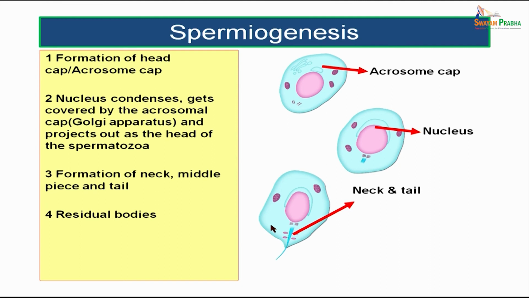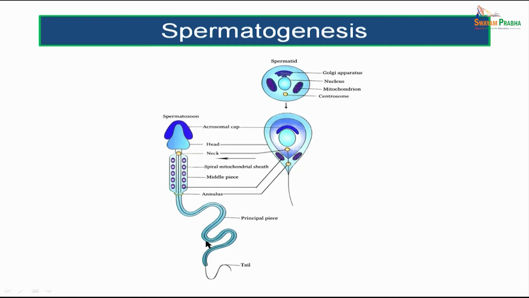So, there is no need of much cytoplasm with the sperm. The remaining cytoplasm is degenerated or shed off as residual bodies. This is the pinched off cytoplasm known as the residual body, with the mature sperm.